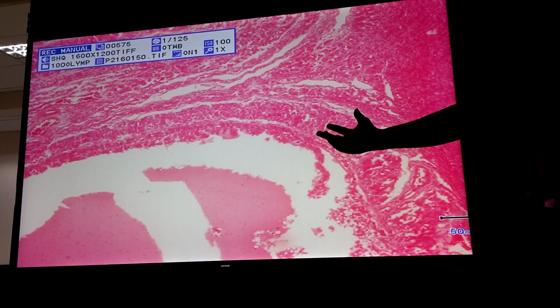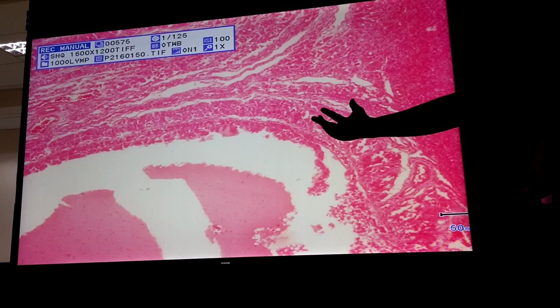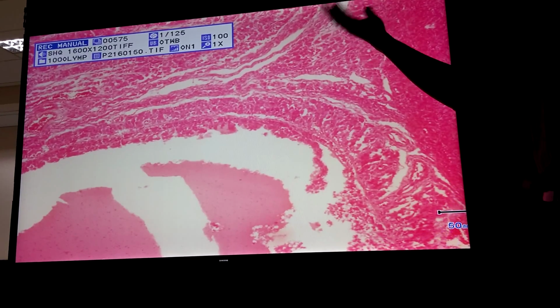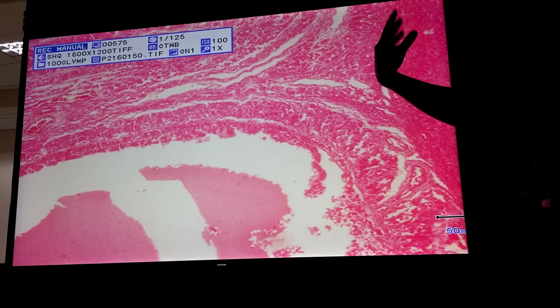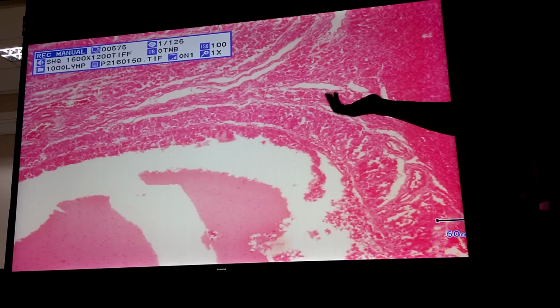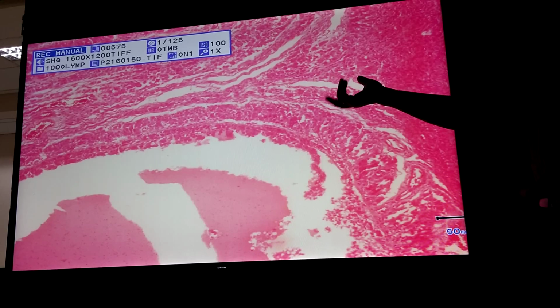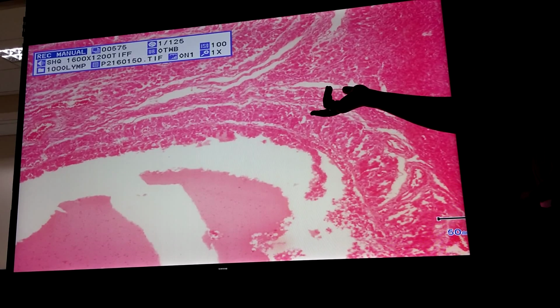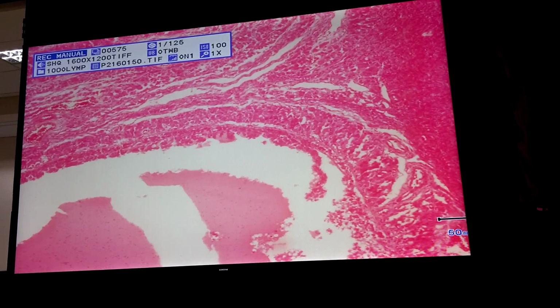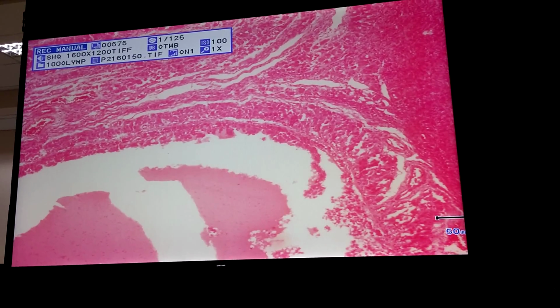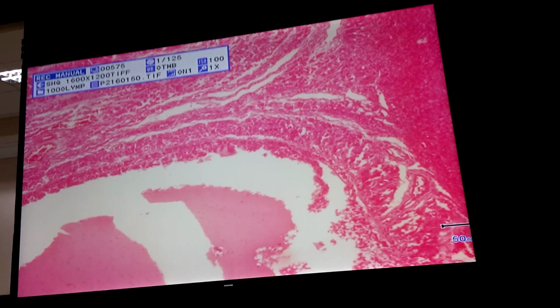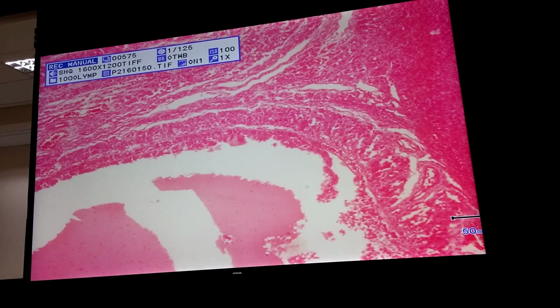After rupture, when the follicle becomes transformed, what is the structure responsible for releasing progesterone? Corpus luteum. Okay, the corpus luteum will now shift from the production of estrogen to progesterone.